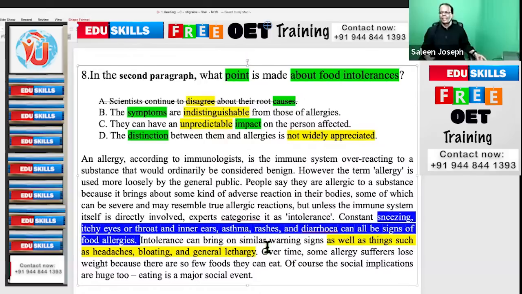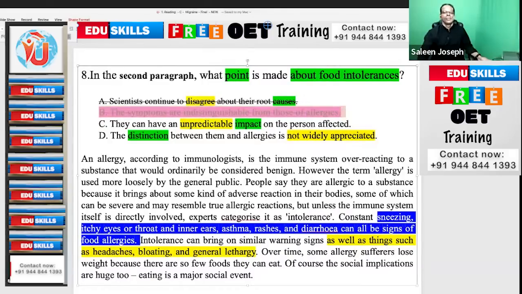So are they same or can they be distinguished? We can distinguish. But the option says it is indistinguishable. So that is wrong, the opposite of what is given in the text. So we can eliminate.